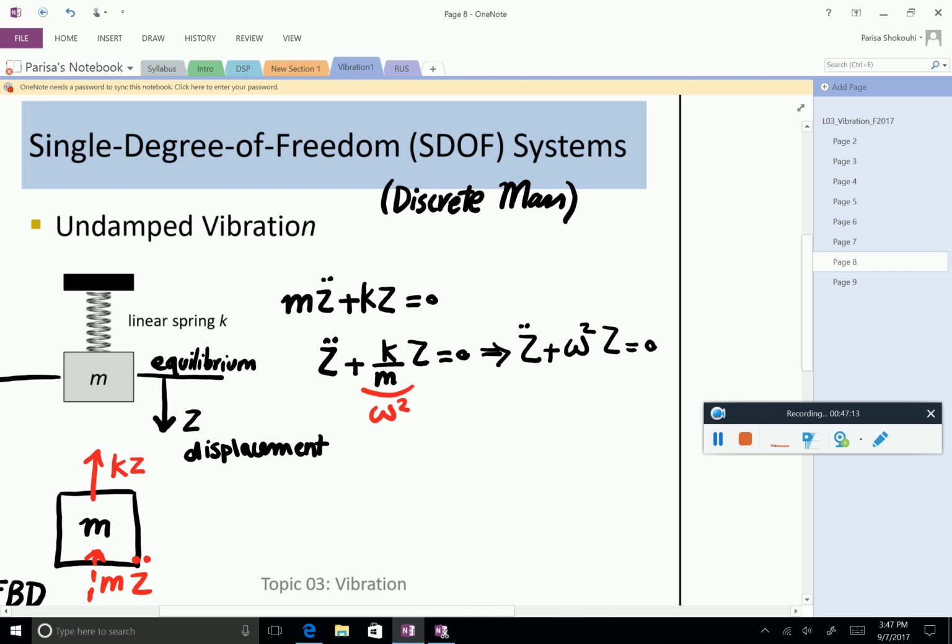This is a kind of famous equation. It's second order because we have z double dot. And it's a linear equation because we don't have any terms which are multiplications. So we have z and z double dot.